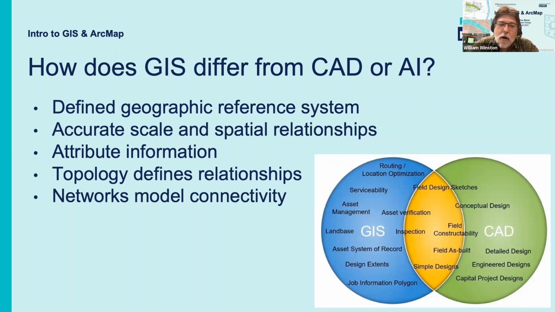In GIS, we can also build networks that model connectivity. So the routing example that I talked about earlier, where you use your phone to identify the fastest path between you and some destination location that you log in, that's all based on the idea of having a data set that defines the legal pathways between where you are now and where you want to go.